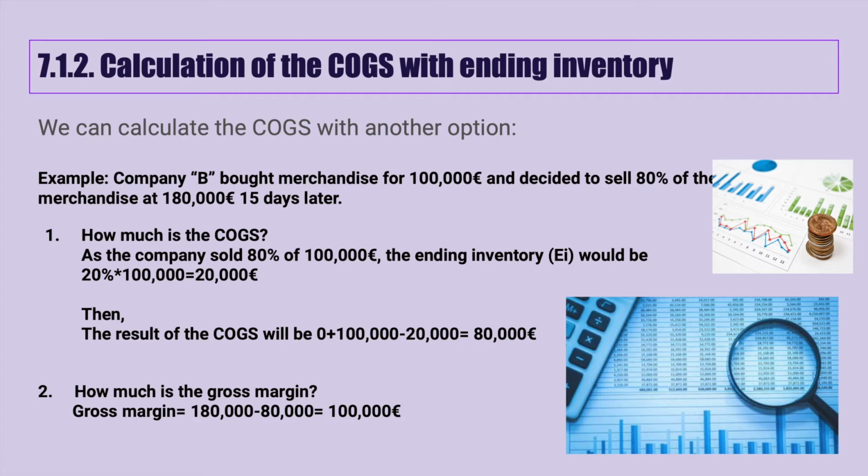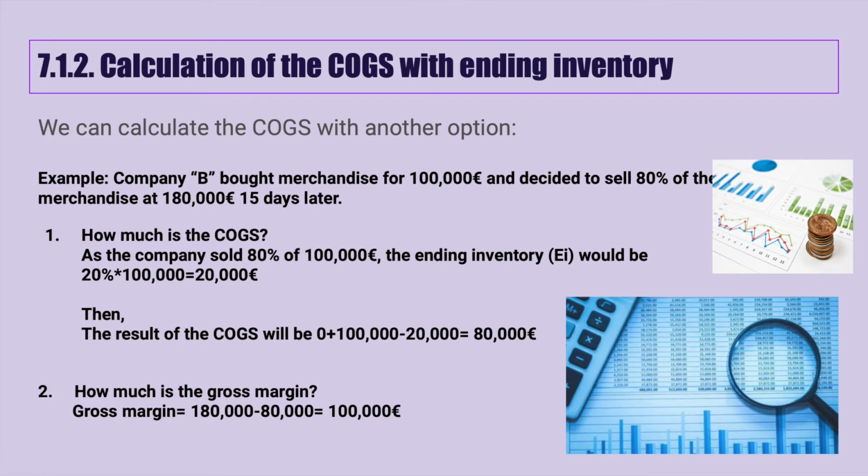In the first one, we should know that the COGS formula is beginning inventory plus net purchases minus ending inventory. In this case, the beginning inventory is 0 euros and the net purchases is 100,000 euros. So we have to calculate the ending inventory by multiplying the 20% by 100,000 euros. That is equal to 20,000 euros.